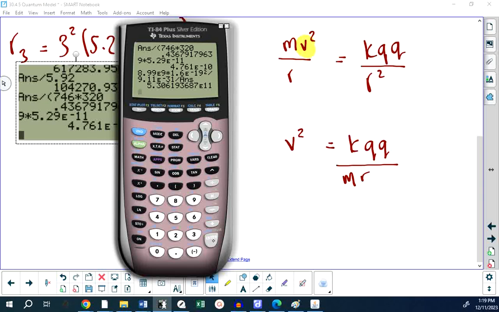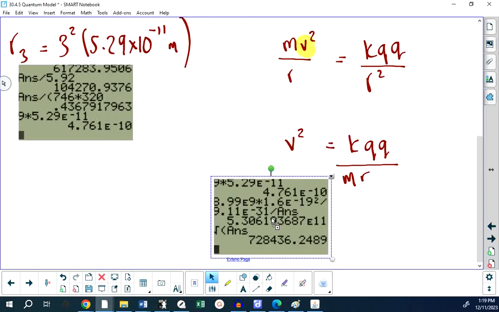And we've all come a long way. You understand that we don't need to write down every number that we're using. So what do I get? .28 times 10 to the 5 meters per second is the speed.